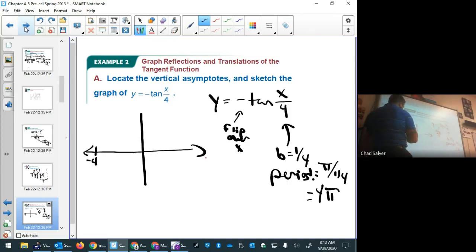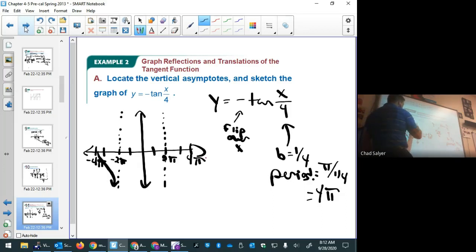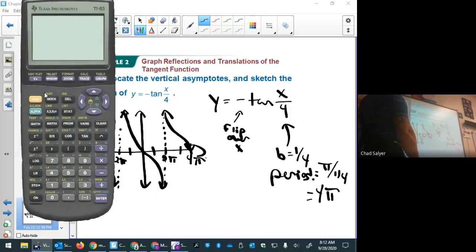So let's go negative 4 pi. So 4 pi. Right, so remember, we're always decreasing this time. I'll double check us with the calculator.